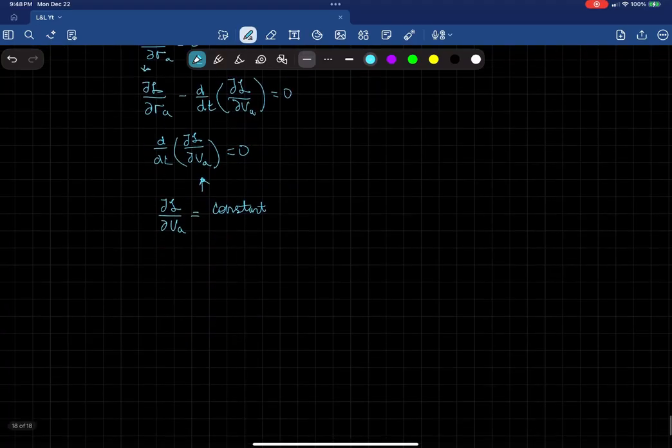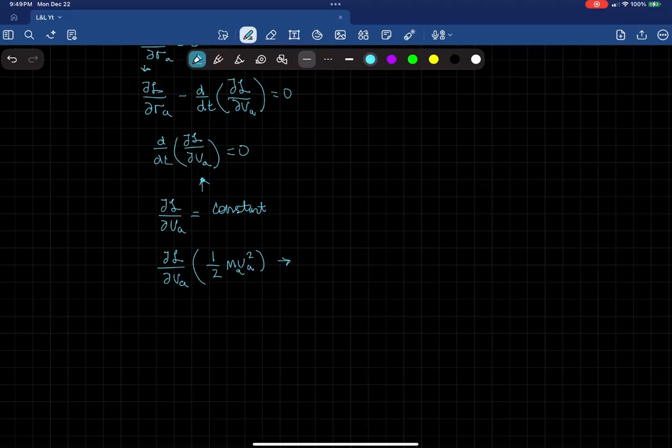And from basic formulation, if we were to take the derivative of the Lagrangian with respect to velocity, our only term in the Lagrangian containing velocity is 1/2 ma va squared.